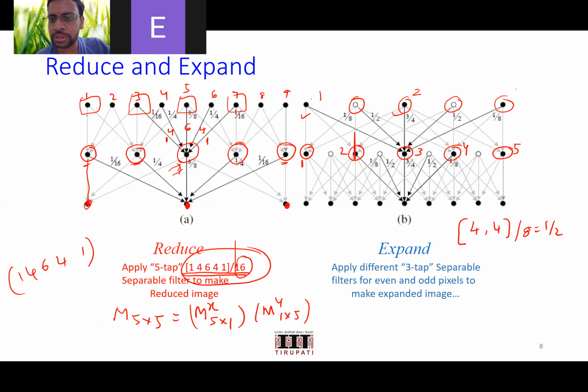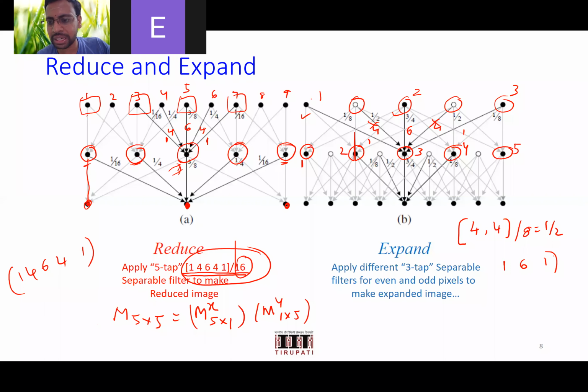So for example, now what would happen? This would have a weight of 6 here. This has a 4, this has 4, this has 1, this has 1, this doesn't exist, this doesn't exist. So all that exists is 1 for this, and then in the middle 6, and after that there is 1.